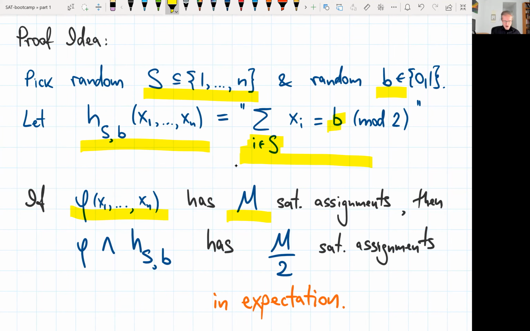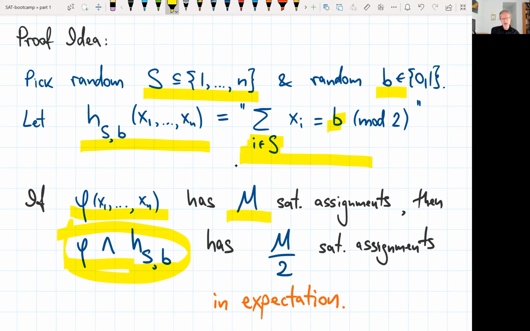Then if I take a random constraint h sub s comma b and put the conjunction of phi and this constraint, getting a new formula, the number of satisfying assignments in this new formula, phi conjuncted with h sub s comma b, intuitively will reduce by a factor of 2. Why?